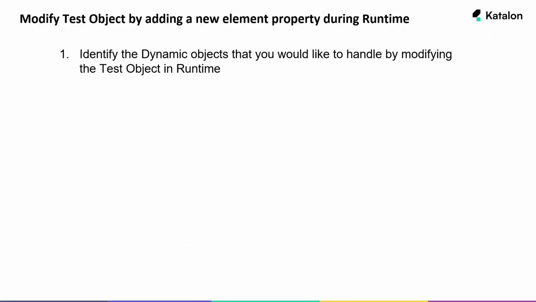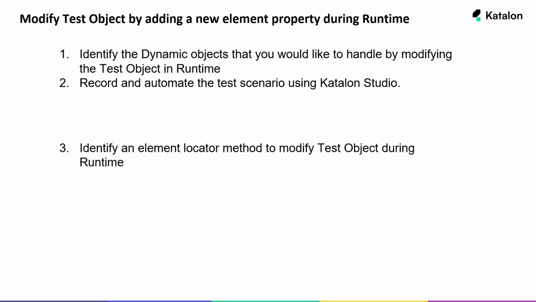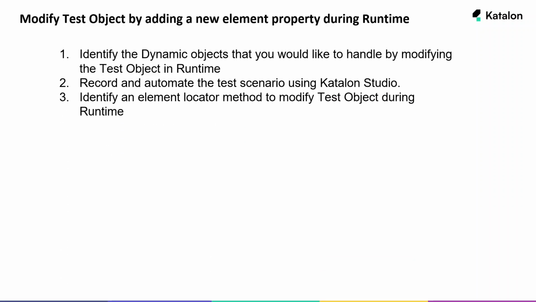First, we are going to identify the dynamic objects that you would like to handle by modifying the test object in runtime. And then we're going to record a small test scenario by using Katalon Studio. And we are going to identify an element locator method to modify the test object during runtime. So I'm going to identify the element locator as XPath in this scenario.